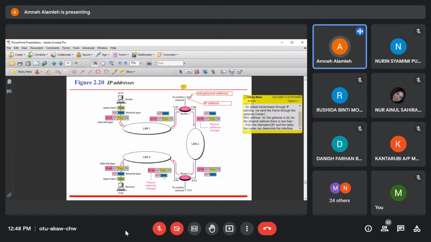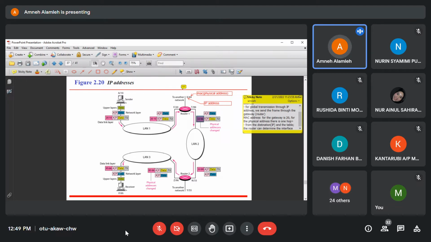An important note: the physical address, as you see, changes every time, every hop, but the IP address does not change. Why? Because the data should go from the sender to the receiver, and it knows the receiver through the IP address.